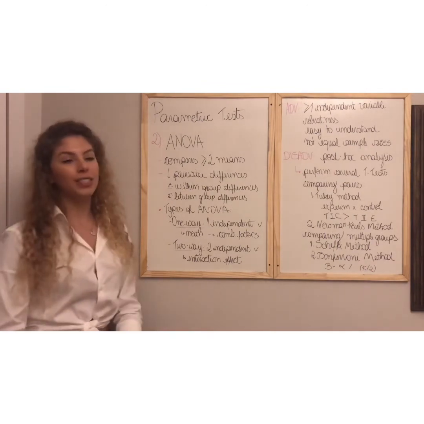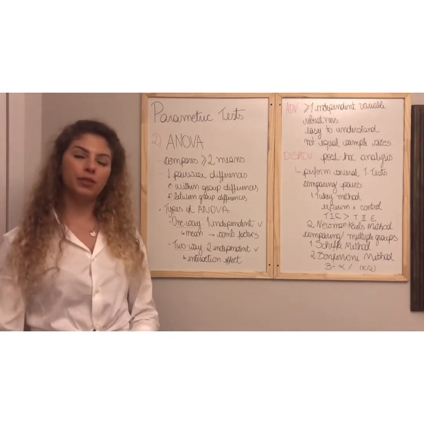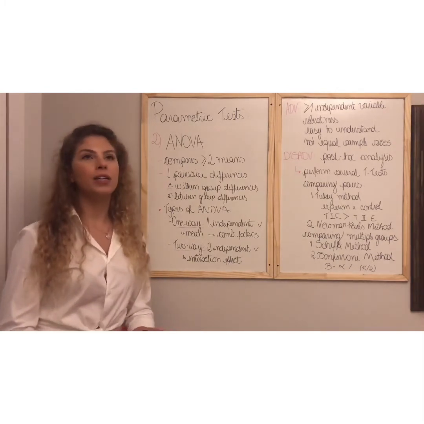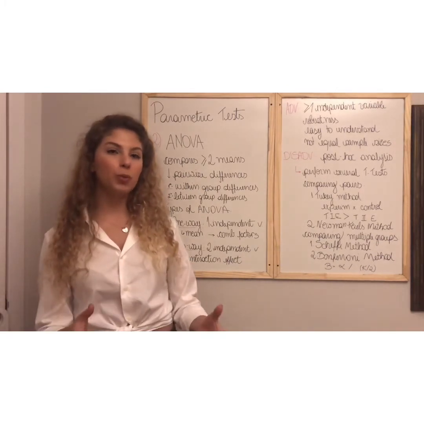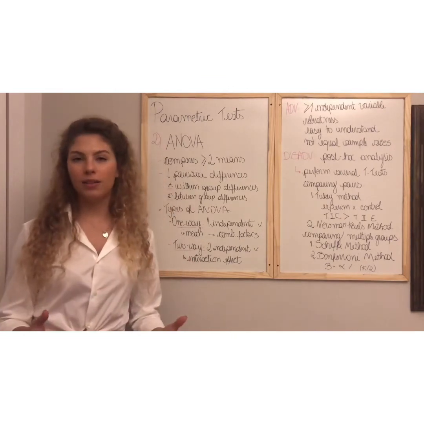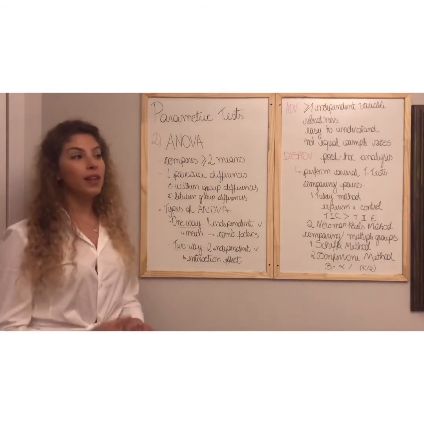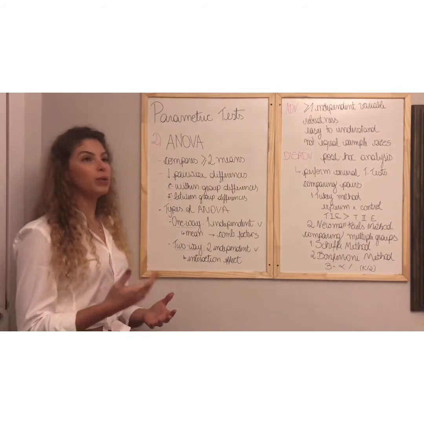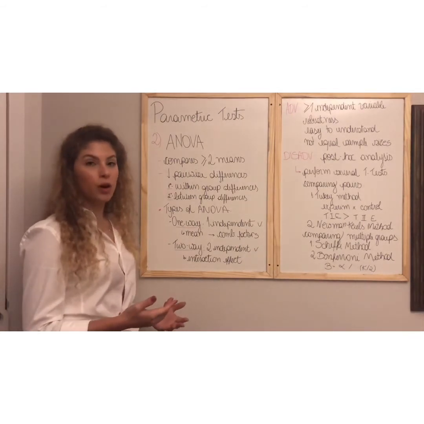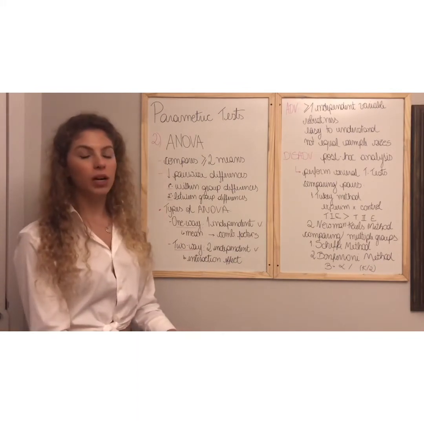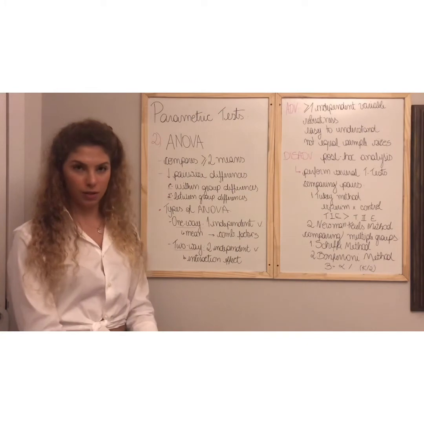However, if ANOVA detects a significant difference among groups, it does not have the power to say between which groups, or between which pairwise comparison, the difference is significant, right? So then we would have to do a post hoc analysis, so analysis after running the statistical test.